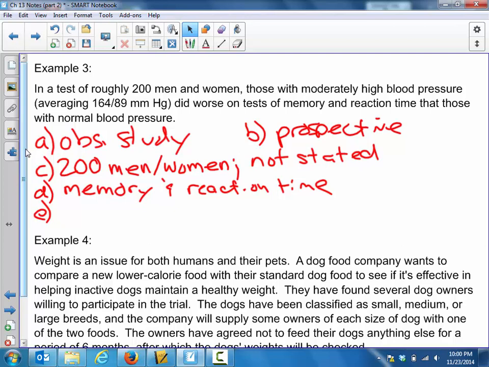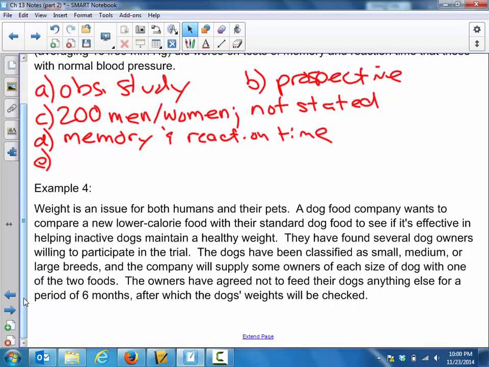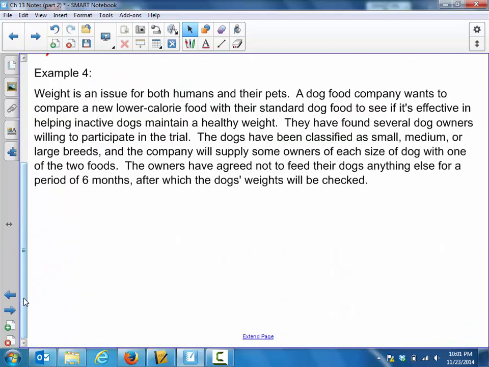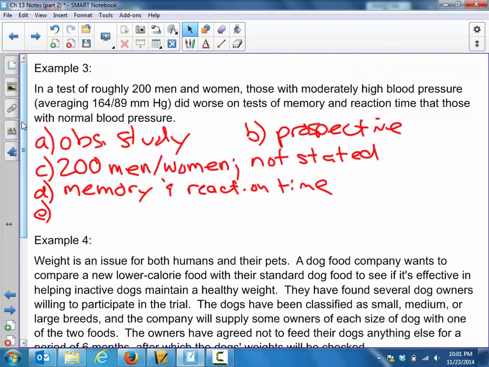We don't know if these 200 people are like the population at large. We don't know, too, what has affected their blood pressure. There's a lot that's just kind of left up in the air. We're not controlling much here. We're just recording whether or not they have the high blood pressure and then gauging their memory and reaction time.